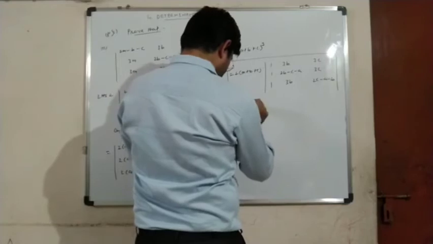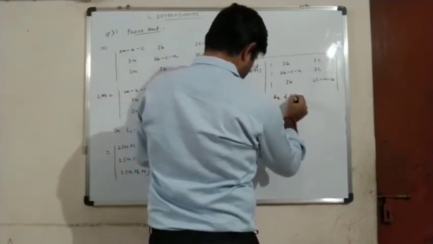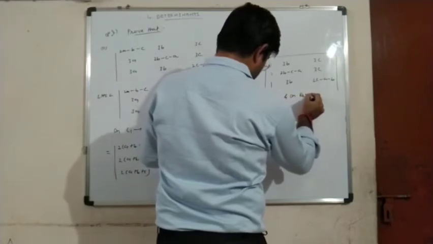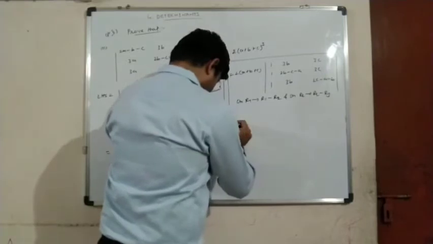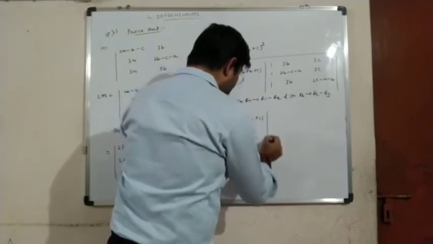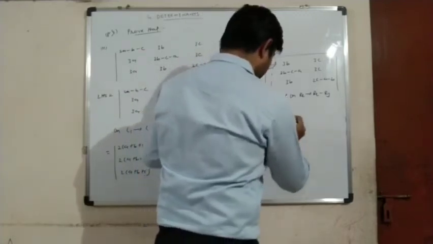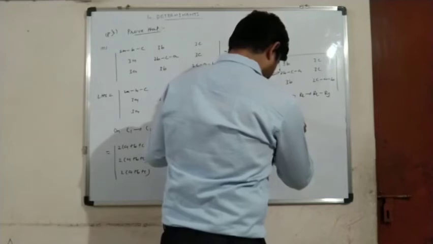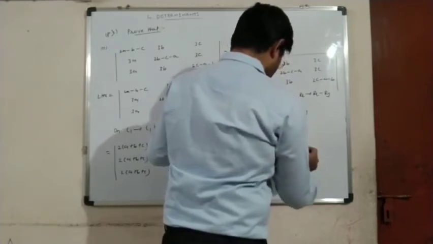So on R1, R1 minus R2, and on R2, R2 minus R3. So 2 into (a plus b plus c). Okay, here we get 0, 0, 1. And here minus (a plus b plus c).